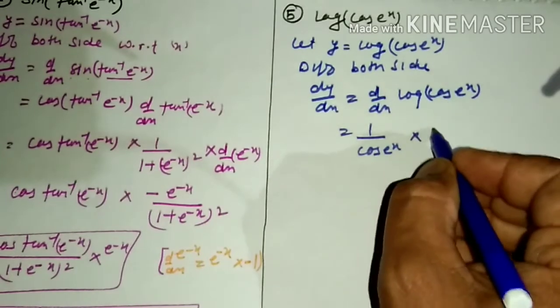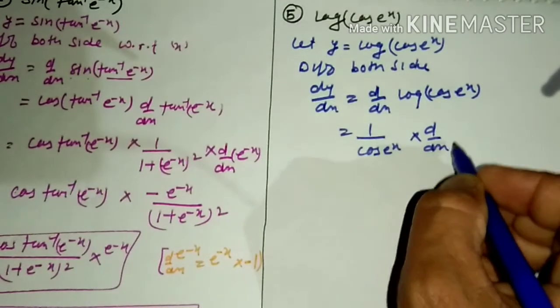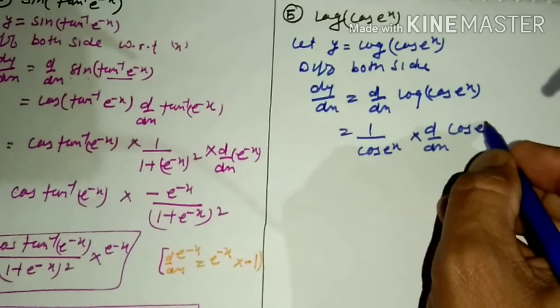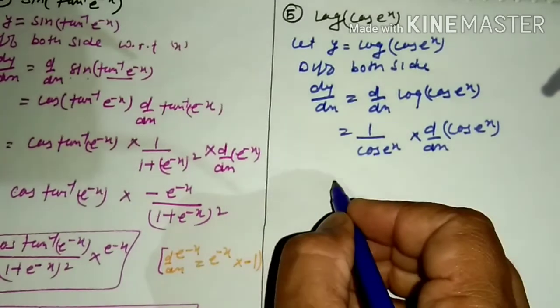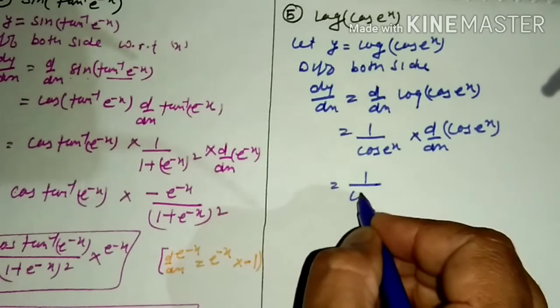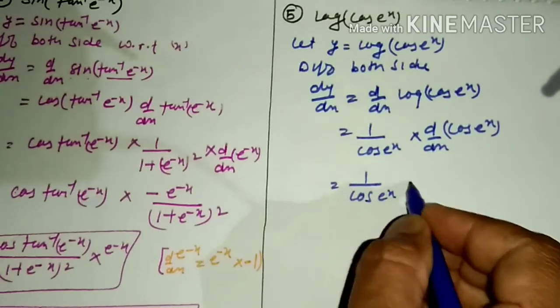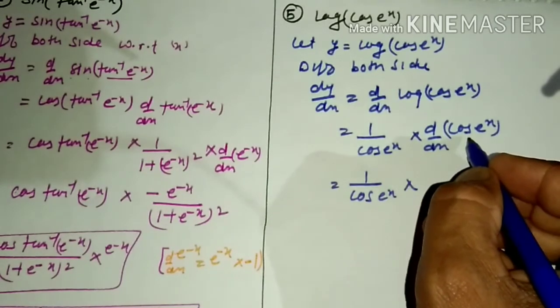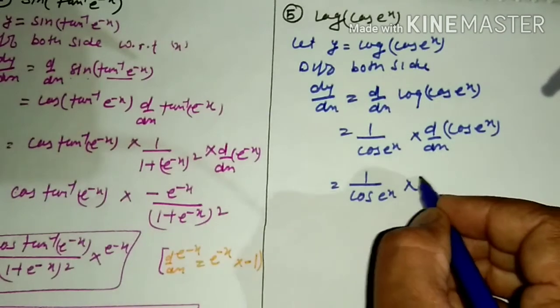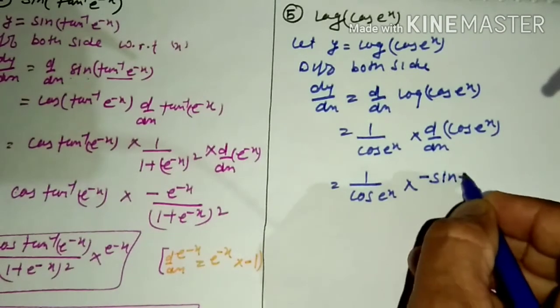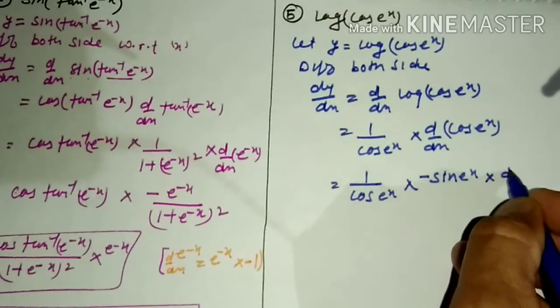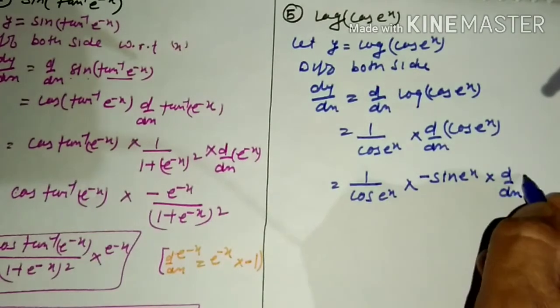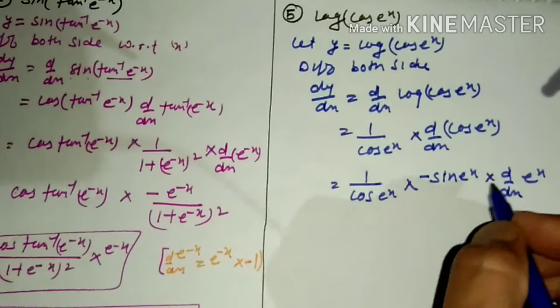Now differentiation of cos e to the power x: 1 upon cos e to the power x, and differentiation of cos is minus sin e to the power x, and again the differentiation of e to the power x.